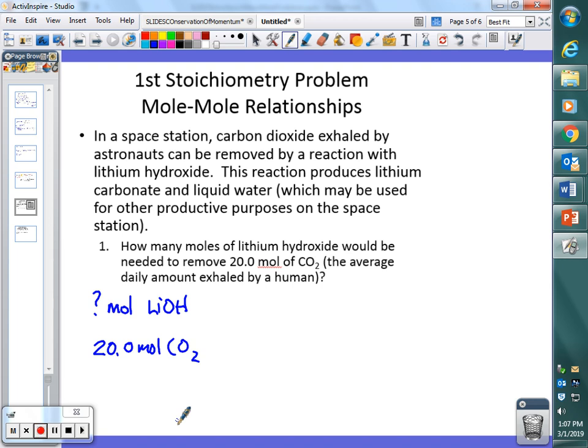A space station. What can we do on that space station? Make drinkable water in the process of removing carbon dioxide. We can make water while removing carbon dioxide.